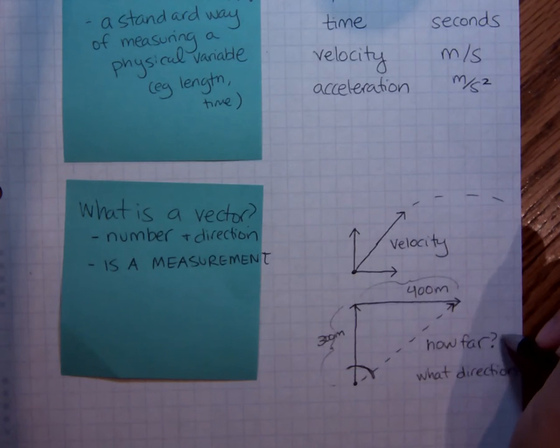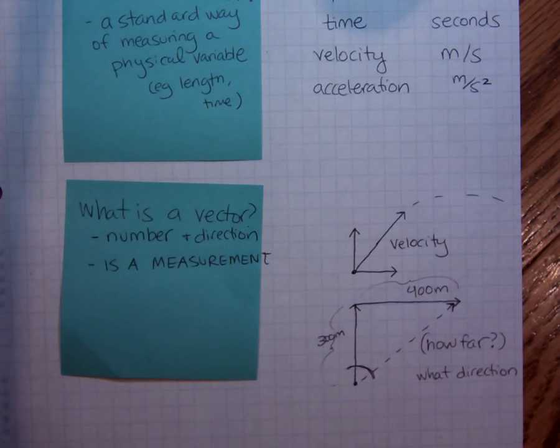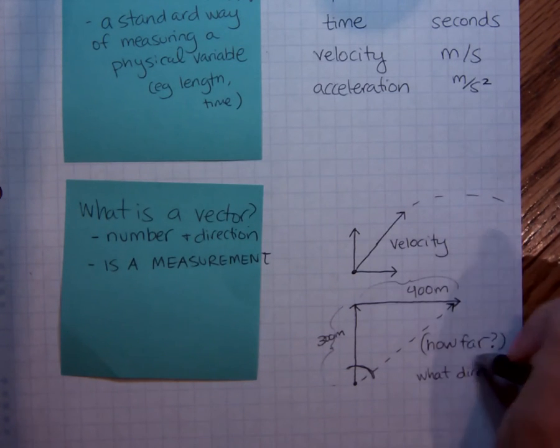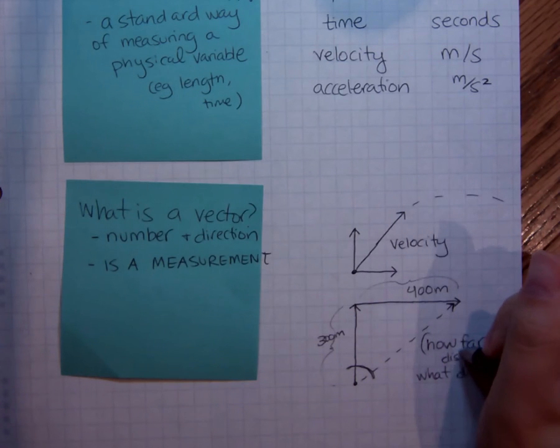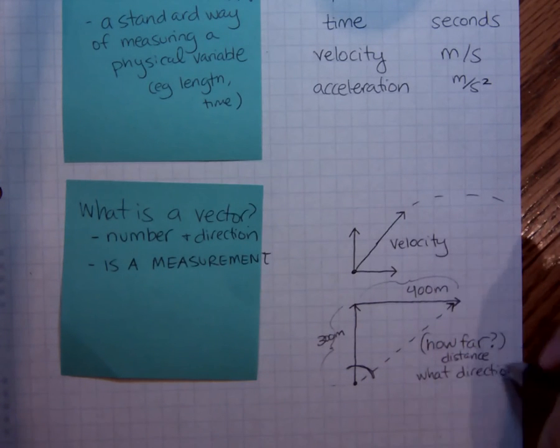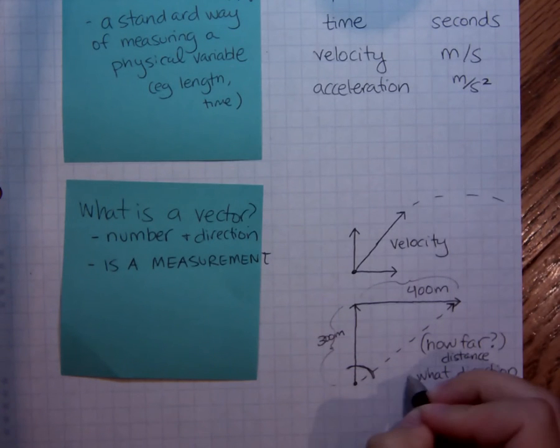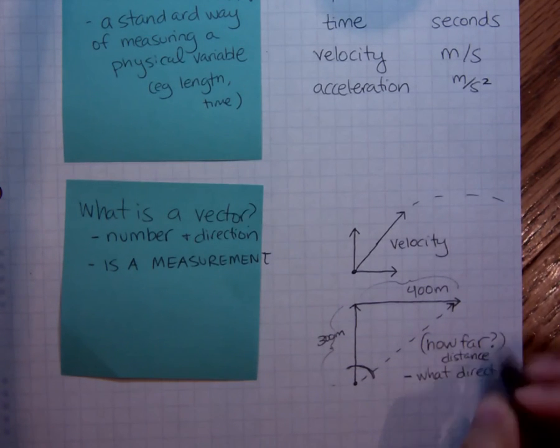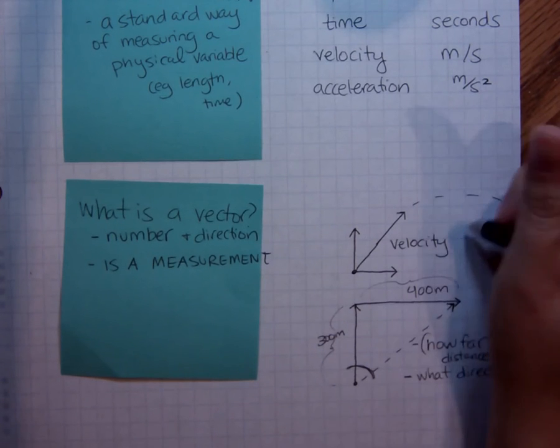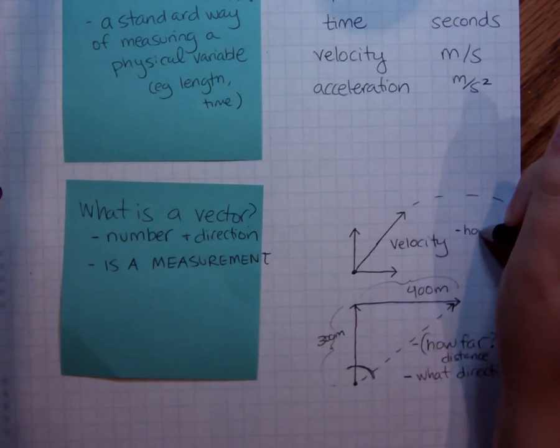This how far part, you could also ask that of distance. It's like a distance. But you also have to have this what direction part. Velocity, you need to know how fast, which is like speed.